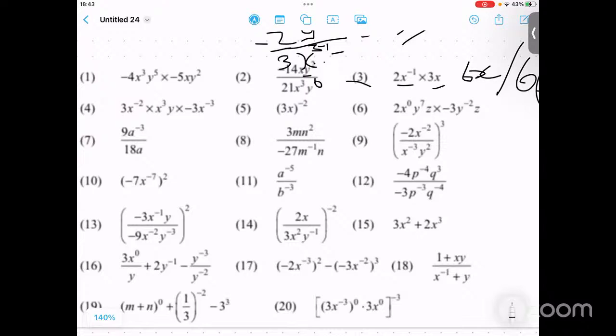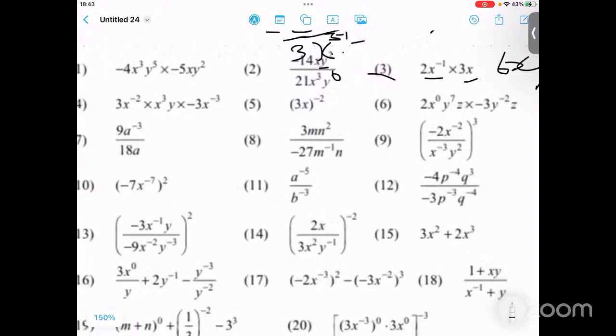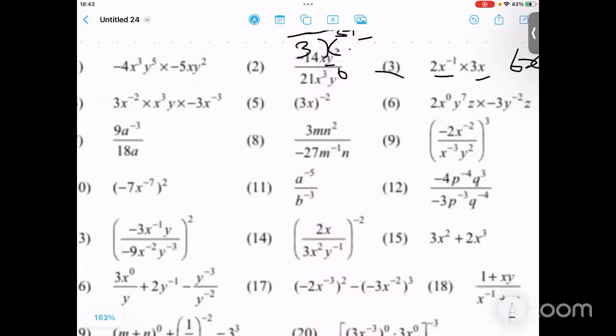Now let's move to 4. Rosemary, how did you do your 4? 3x to the power of negative 2 multiplied by y to the power of 3, multiplied by negative 3x to the power of 3.